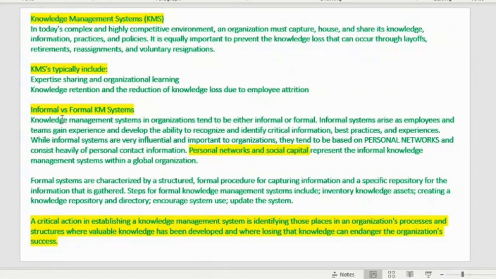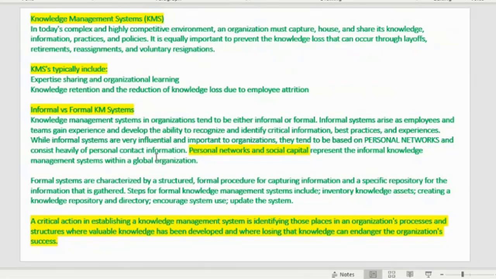Now, there are informal and formal knowledge management systems. Now, with informal systems, this is when employees or teams gain experience and develop their abilities to recognize and identify information, best practices, and experiences in an informal setting.